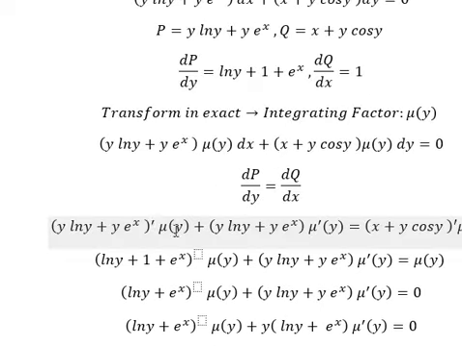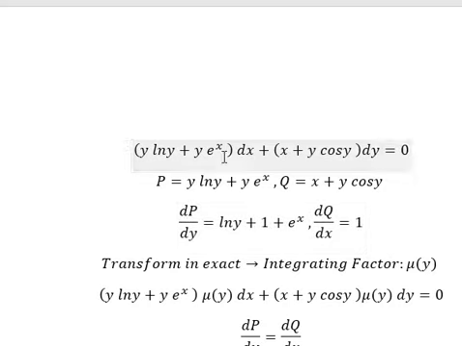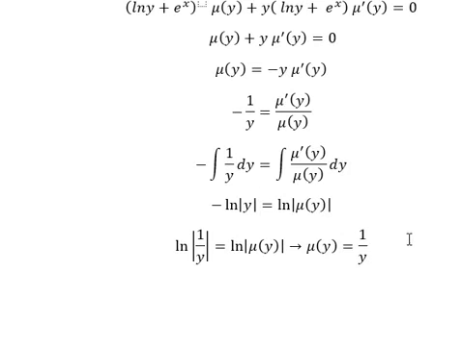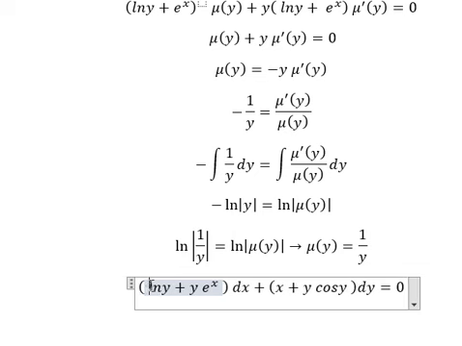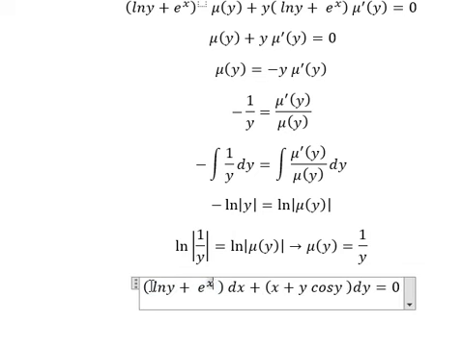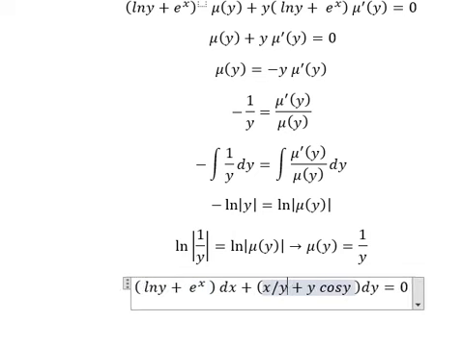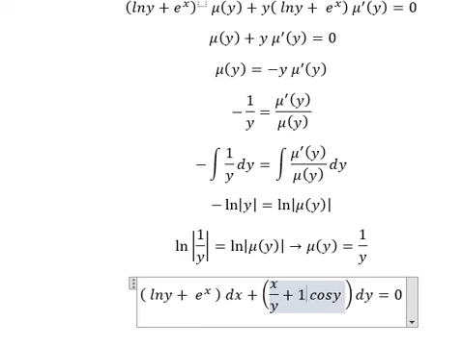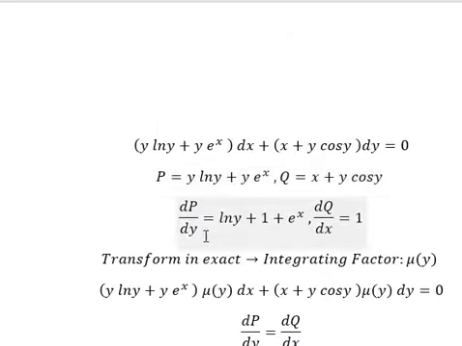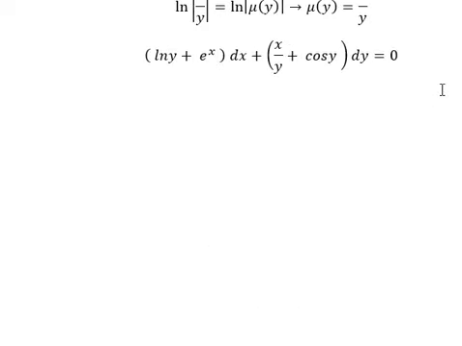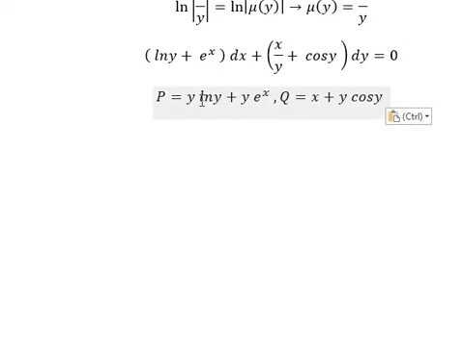So that means we need to multiply both sides by 1 over y. So that should be like this. Now, if we do b and q again, so that should be like this.